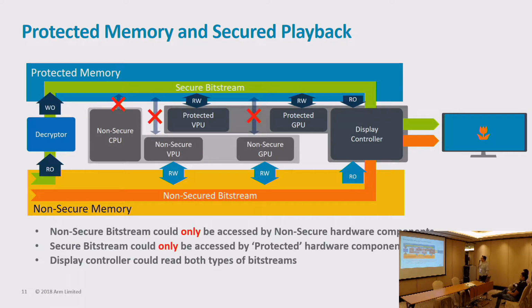The CPU could not access the protected memory. And the more important thing is that the protected VPU and the protected GPU cannot access the non-secure memory. This ensures that the protected GPU and VPU do not have the chance to write something to the non-secure memory and cause content leakage.